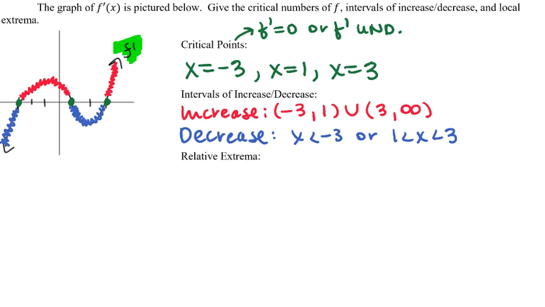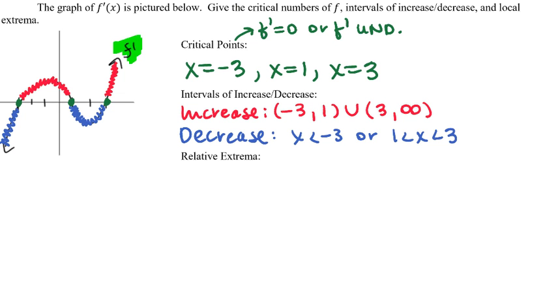Okay, then the relative extrema. Relative extrema occur at places where the sign of the derivative changes, where it goes from positive to negative, or maybe negative to positive. So I see one at negative 3, 1, and 3. All three critical points are relative extrema because we don't have any sort of bounce scenario.